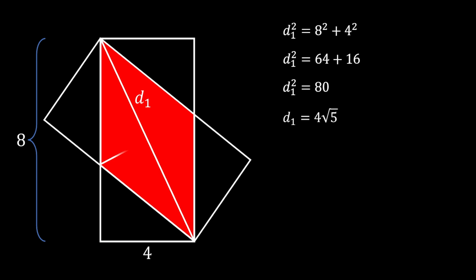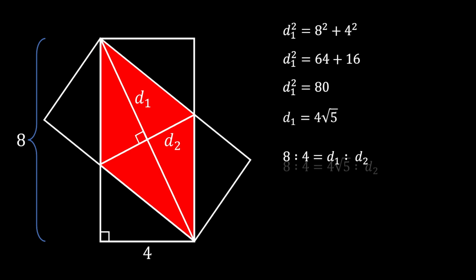Now, let's pull the other diagonal, which we will label as d2. And this is where the beauty of the mathematical ratio kicks in. Because we know that the bigger and the smaller side of our rectangle are perpendicular to each other, and we also know that the diagonals d1 and d2 must also be perpendicular to each other since they are diagonals of the rhombus, we can conclude that the ratio between the bigger and the smaller side of the rectangle must be equal to the ratio between the bigger and the smaller diagonal of our rhombus.